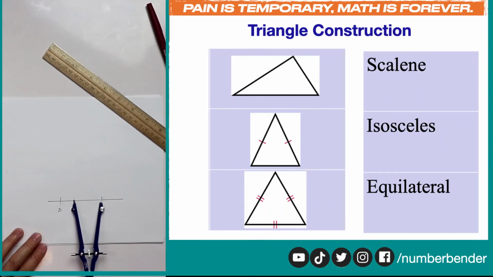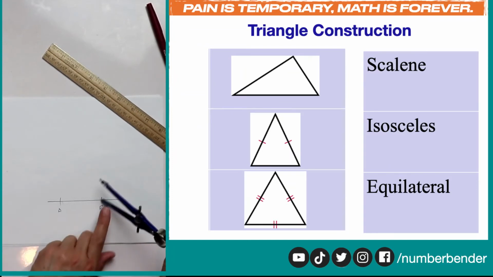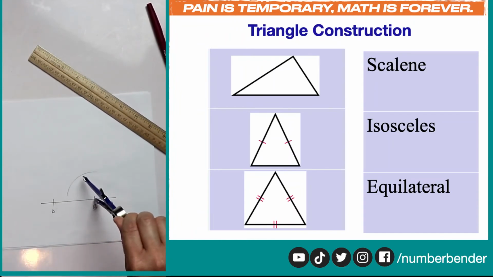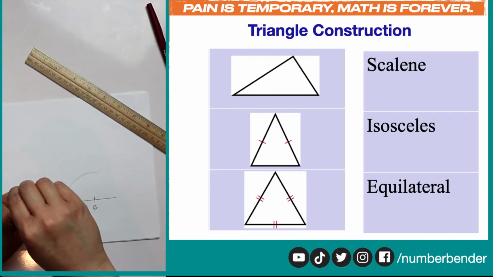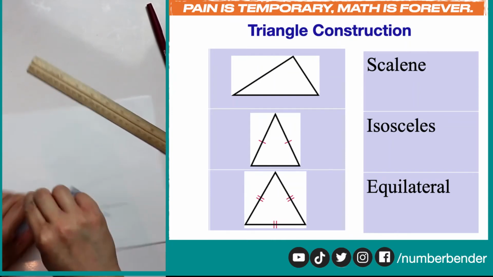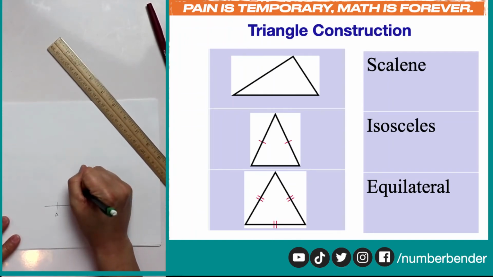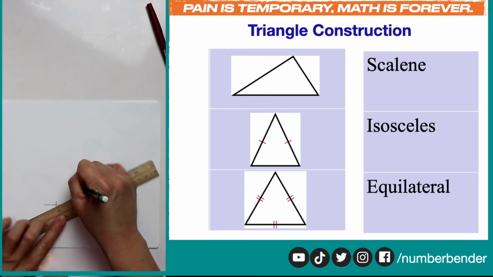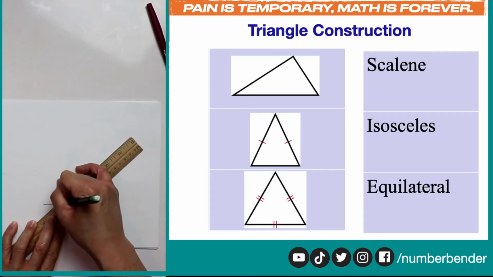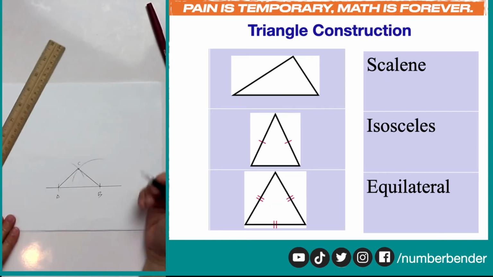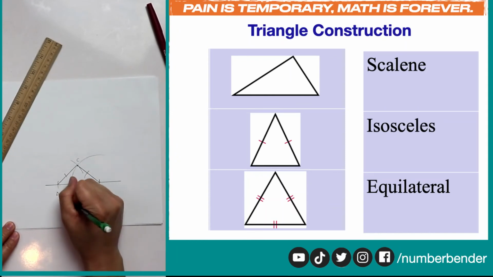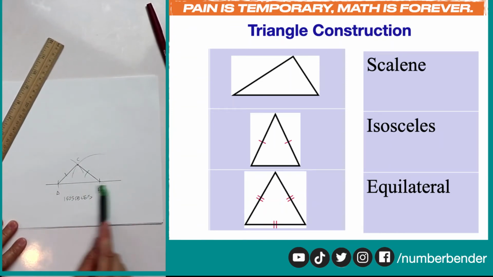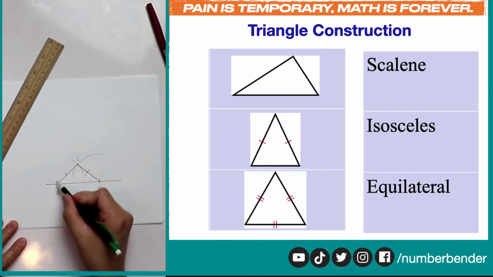And now that I have a shorter width in my compass from A and B, by pointing the needle to B, and without changing my compass, I'll point my compass needle to A, and I'll be able to produce a point of intersection, and I'll call this point C. And if I connect BC and CA, now I'm able to produce an isosceles triangle, which means these two sides are congruent, and AB is, of course, we know, not the same as AC and BC.